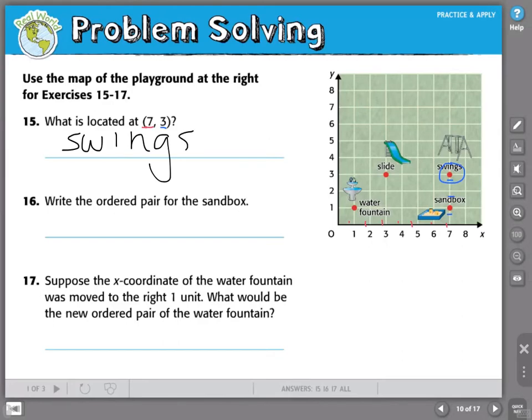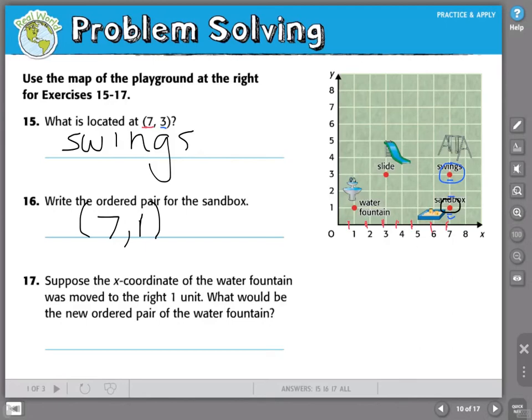Write the ordered pair for the sandbox. The sandbox is right here. How do we get to the sandbox? 1, 2, 3, 4, 5, 6, 7. And 1. The ordered pair is 7, 1.